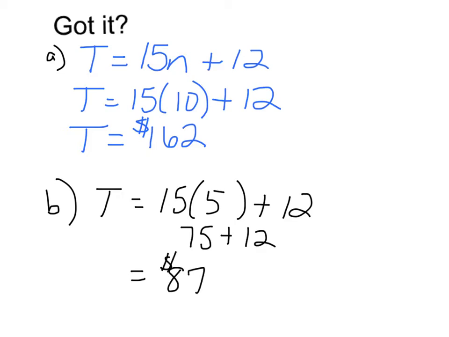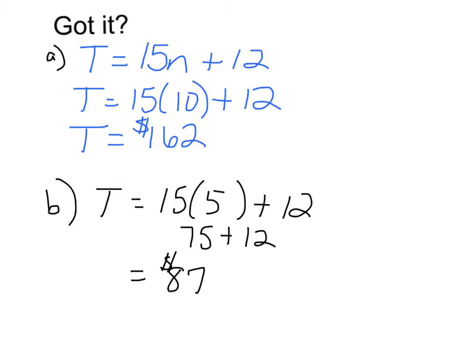Is $87 half of 162? No, because making the stay shorter only takes half of the daily charge. We still have to pay $12. You're not paying half of $12. You're paying half of the $15 a day because you're only paying 5 days instead of 10. However, the $12 is still the same regardless of how many days you pay.